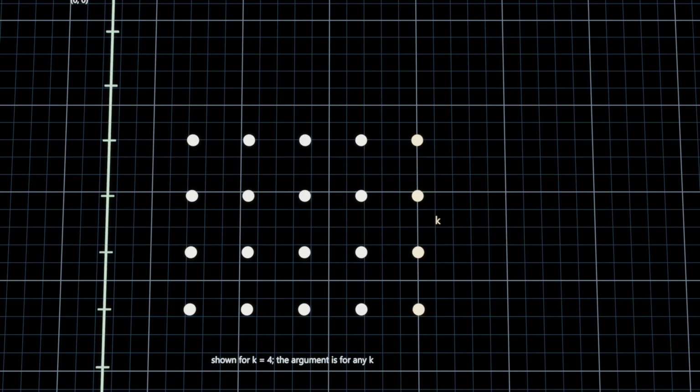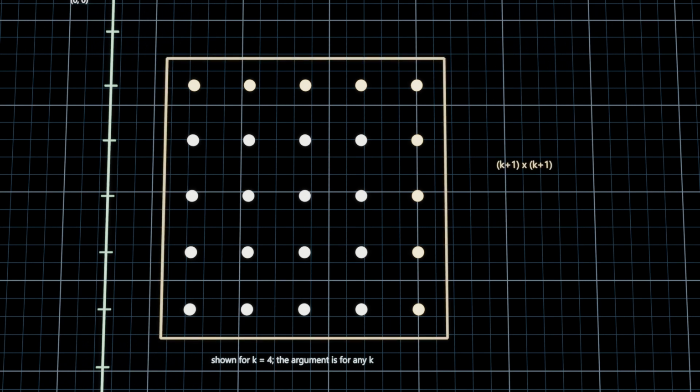Lay k of them along the right edge. Lay k of them along the top edge. And one in the corner where the two edges meet. K plus k plus 1 is 2k plus 1. Exactly the next odd number. And look at what you have built. A square again. K plus 1 by k plus 1.